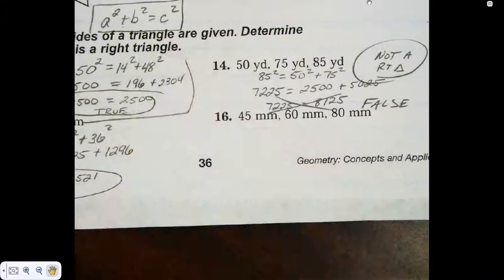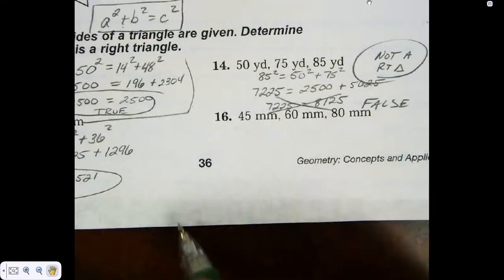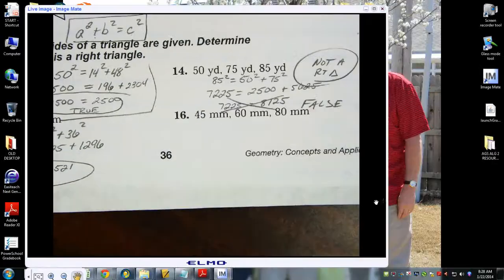If C squared is bigger, it's obtuse. So, that's how you can tell whether it's a right triangle. What has to work? The Pythagorean theorem. If the Pythagorean theorem turns out to be a false statement, the sides don't relate in the correct way, then it's not a right triangle, is it? Okay?